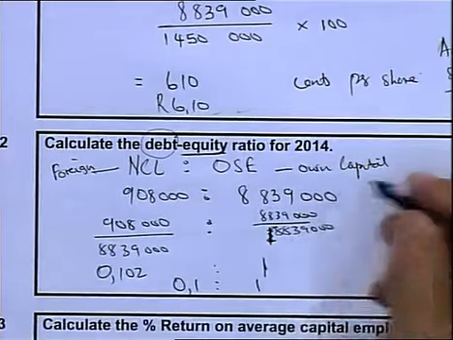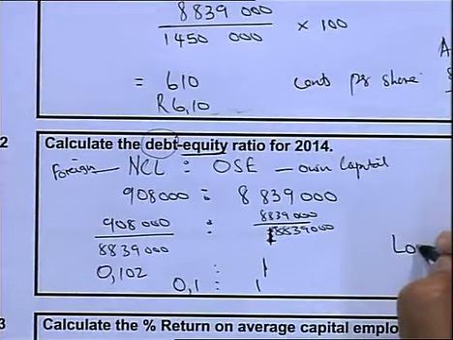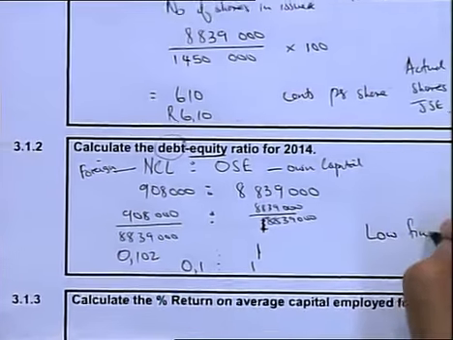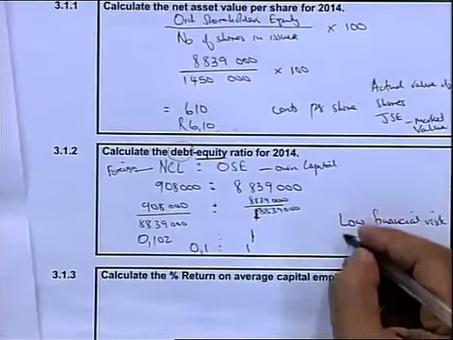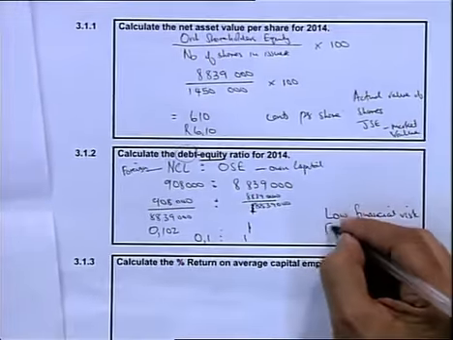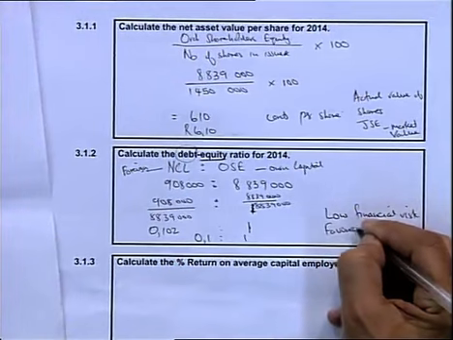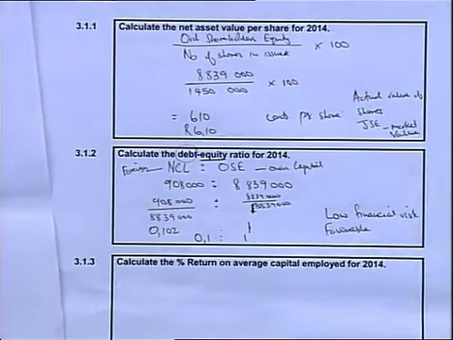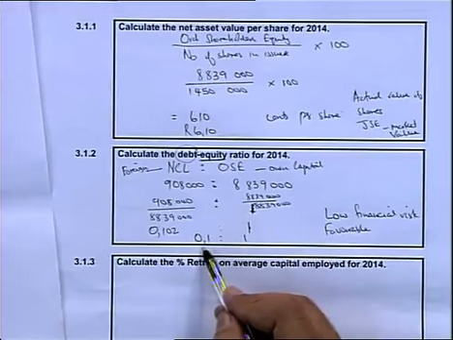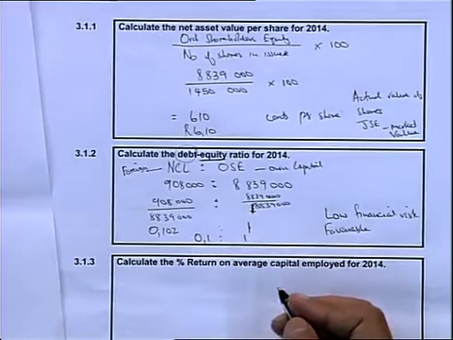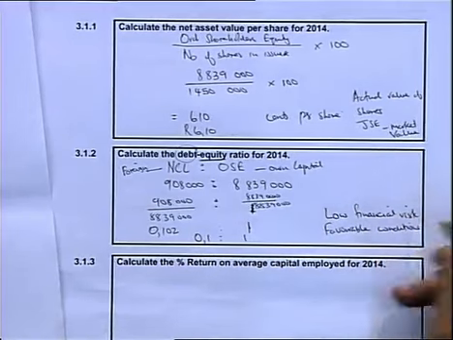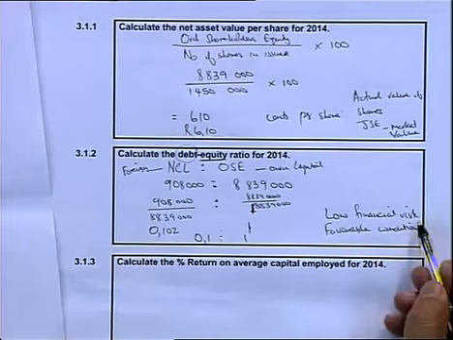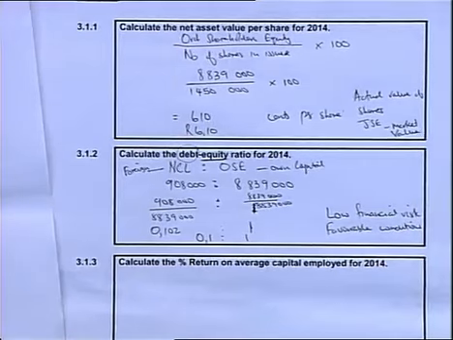So whenever we talk about the debt equity here, then we say now it's going to be low financial risk, meaning that it's actually favorable to go and borrow, because as you can see, it's about a tenth. Our foreign capital is only a tenth of our own capital, so it's favorable conditions to go and borrow money. Okay. It's a low financial risk, so it's favorable to go and borrow money.